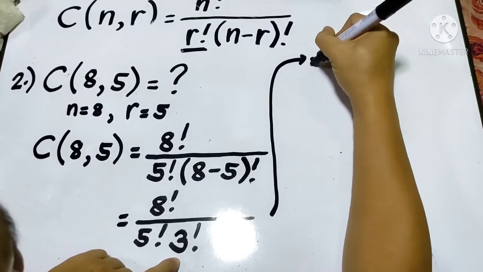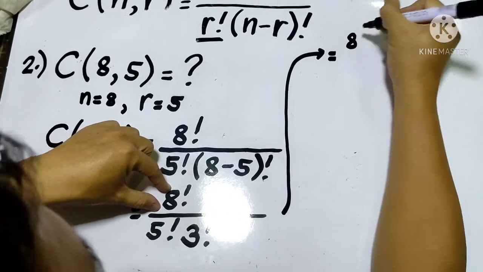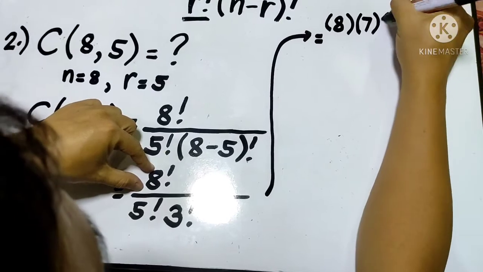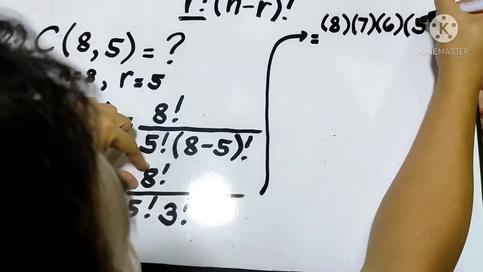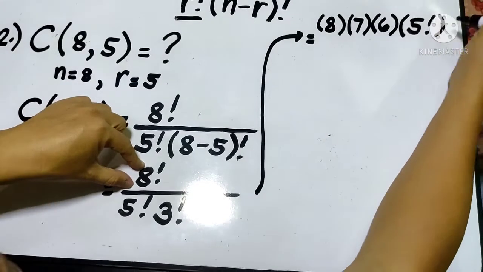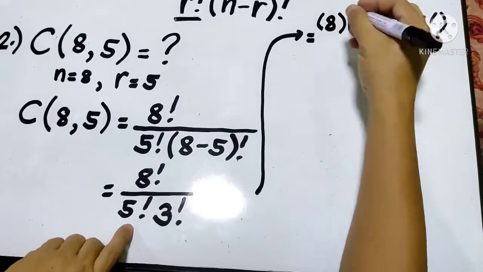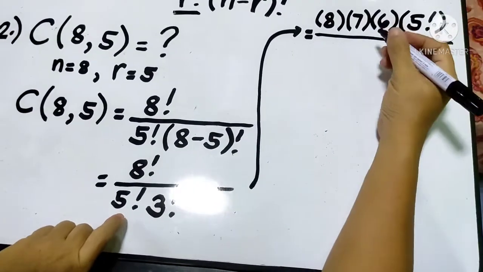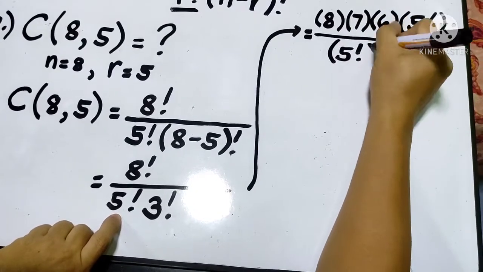8 factorial will become 8 times 7 times 6 times 5 factorial. Okay, why did I stop at 5 factorial? It is because there is 5 factorial in the denominator.